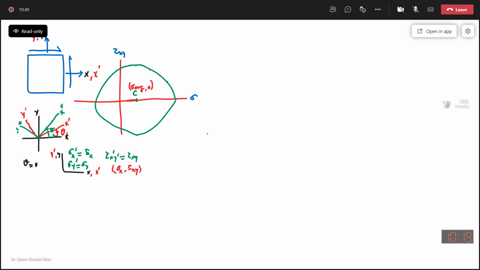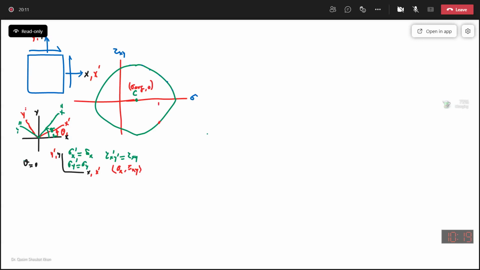Now we know that sigma x is positive, so it will be somewhere here. Tau xy is positive downwards. When you mark it, you get a point somewhere here, corresponding to sigma x and tau xy.